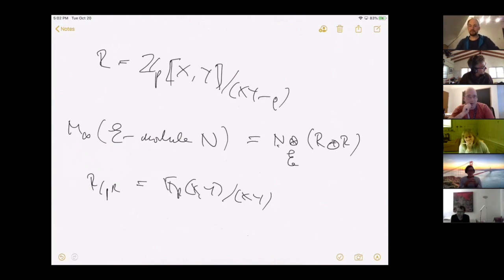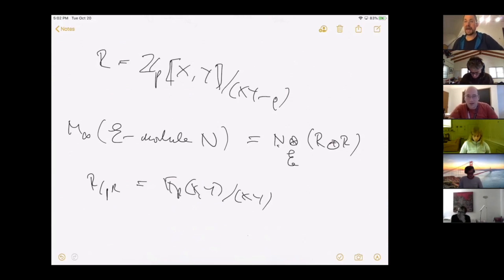Can I ask you, R plus R, you don't mean a progenerator for E, because E is a progenerator for E. What I'm describing is a functor from E modules to R modules. So for that, I need a bimodule.